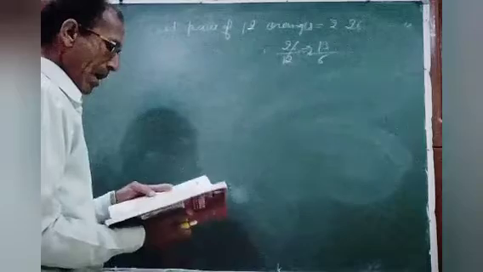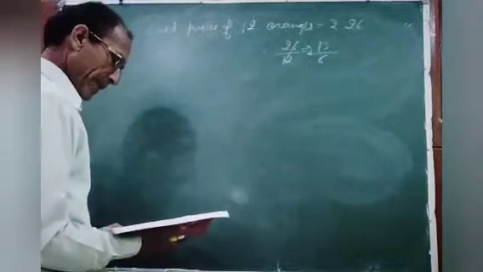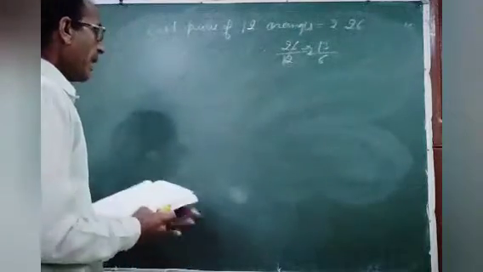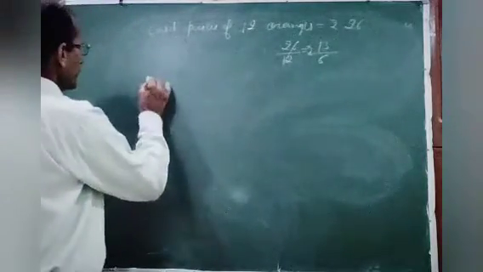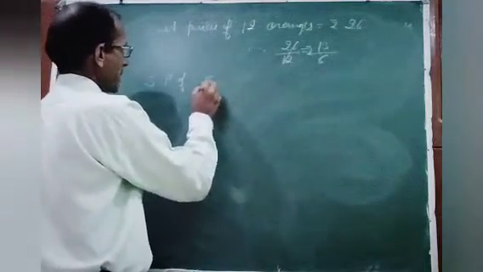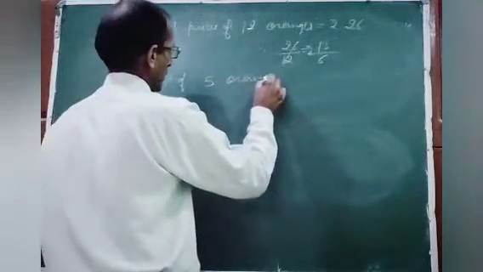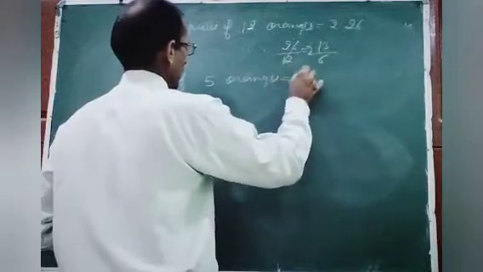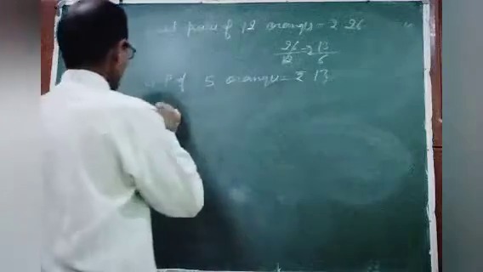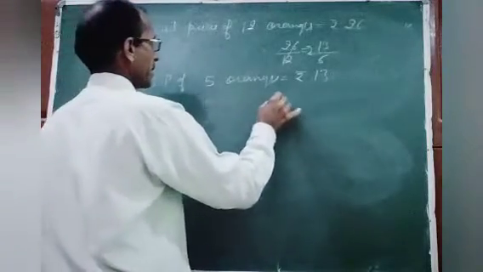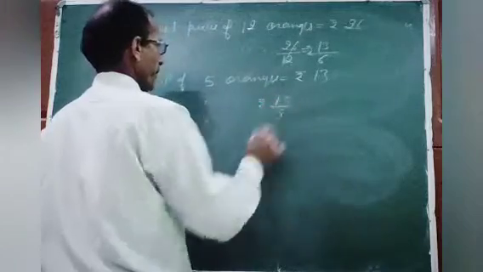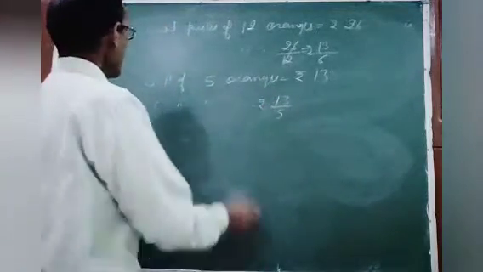Now, what is the selling price? And sold them at 5 for rupees 30. SP of 5 oranges is rupees 30, so SP of 1 orange is 13 by 5 rupees.